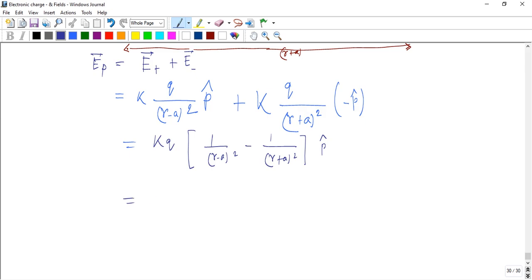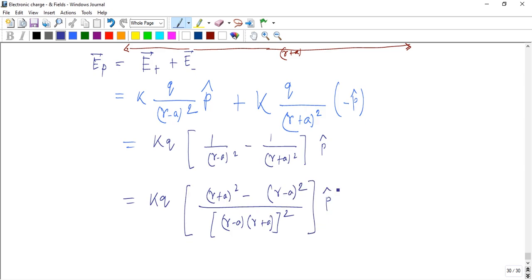Now solve this. Taking the common denominator, R minus A whole square times R plus A whole square, we get R plus A whole square minus R minus A whole square.